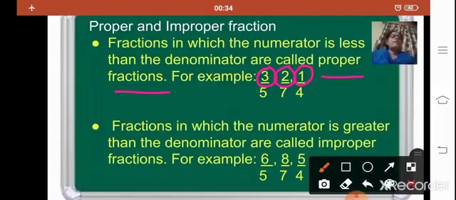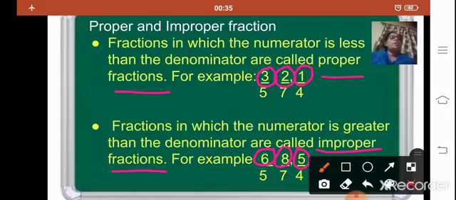And fractions in which the numerator is greater than the denominator are called improper fractions. So you have to keep this in mind: proper fractions are where the numerator is less than the denominator, and improper fractions are where the numerator is greater than the denominator.